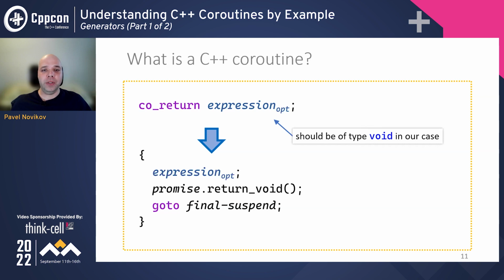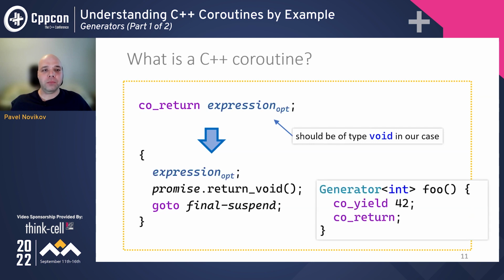In our case, we opt to have a void return value, so you can't return any other type. The optional expression that you can see at the top is optional, but it must be of type void. And finally, after calling return_void, we go to the final suspend point.